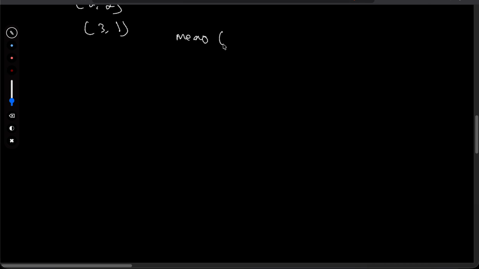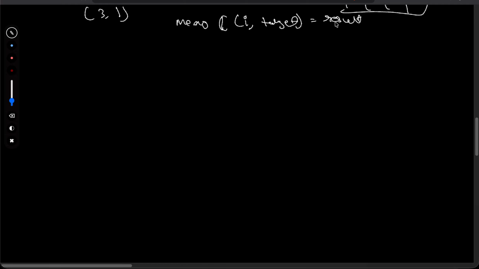Memo of I and target is equal to the result. If we solve it once, we store the answer in memo. Next time the same state comes, we do not run the recursion, we just return the stored answer.